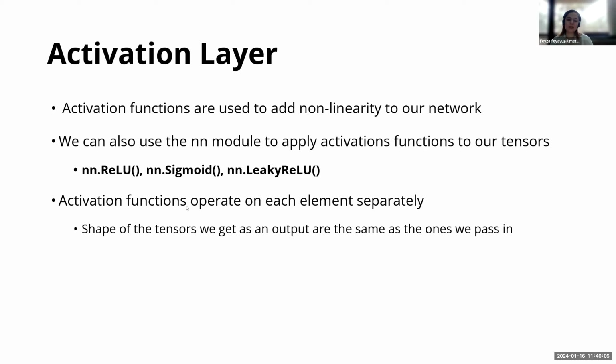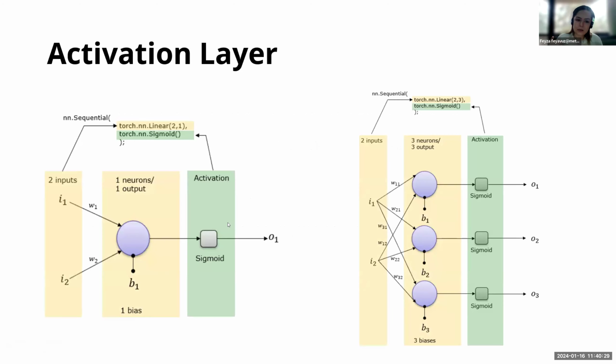And these functions operate on each element separately, like an operation in our previous lecture. The shape of the tensors we get as an output is the same as the one we pass in. So while we're calling an activation function on a tensor, it is applied to each element of the tensor separately.